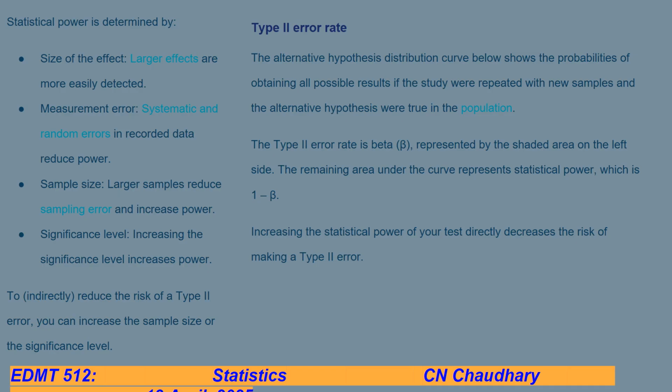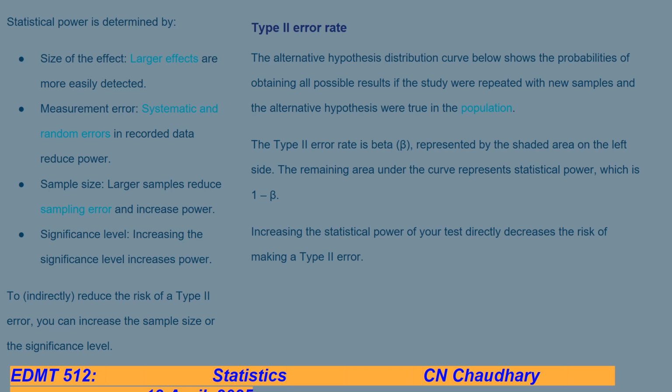Now, talking about the type 2 error rate, the alternative hypothesis distribution curve below shows the probabilities of obtaining all possible results if the study were repeated with new samples and the alternative hypothesis were true in the population.